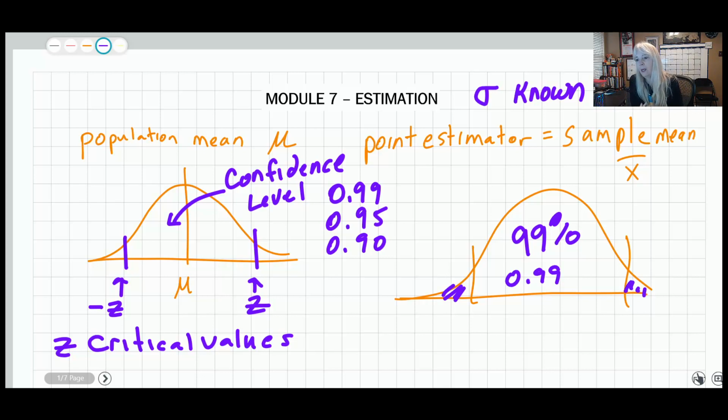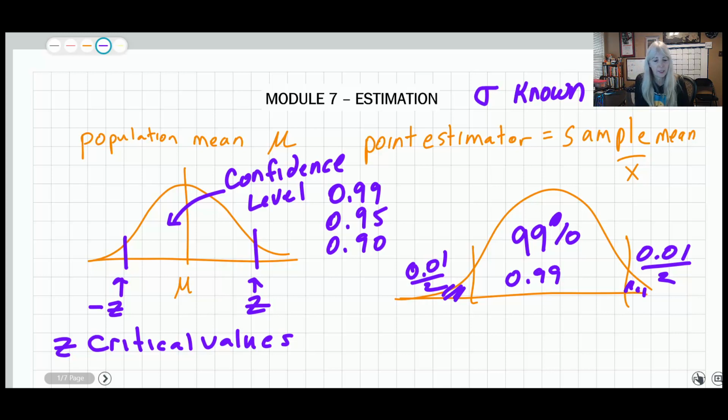Well, wouldn't it be 1 minus 0.99, which is 0.01? But there are 2 of these, so we have to divide that by 2. So 0.01 divided by 2.